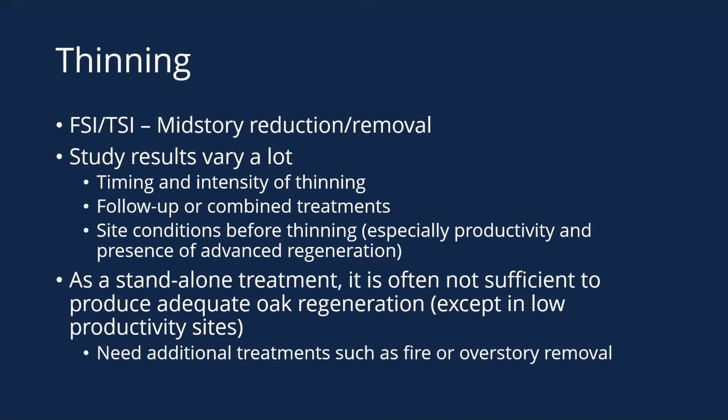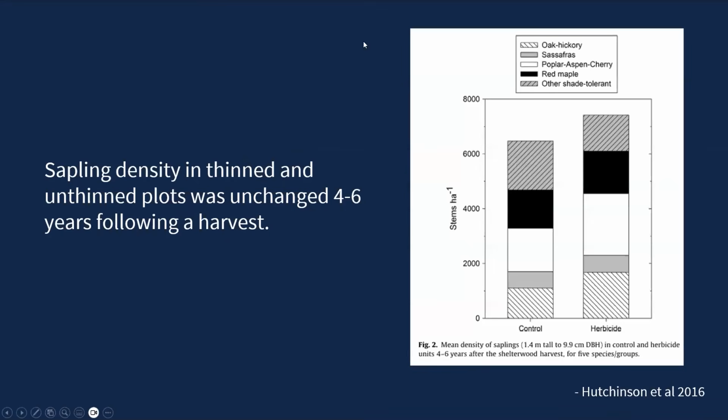So just in general, as a standalone treatment, thinning is often not sufficient alone to produce oak regeneration in intermediate or productive sites, right? You need some other kind of treatment in there to help to control those competing tree species. That could be an overstory removal to get more light in, or it could be something like the addition of fire.